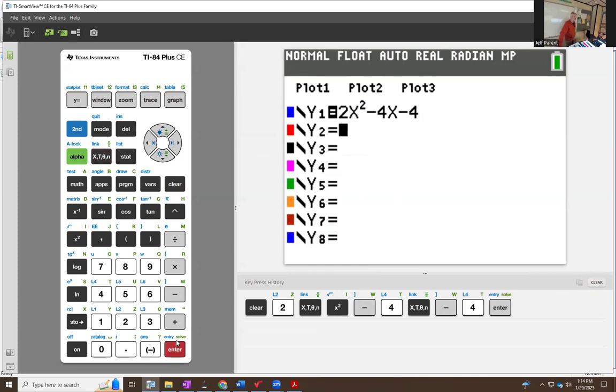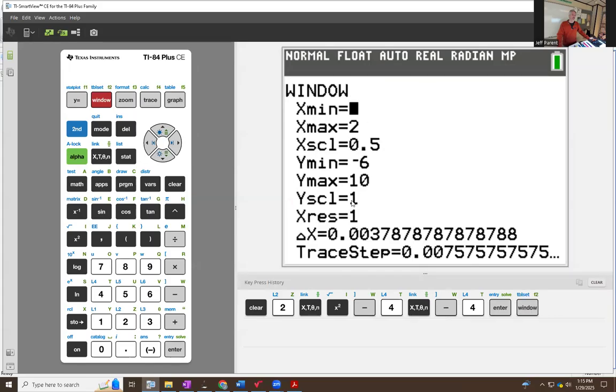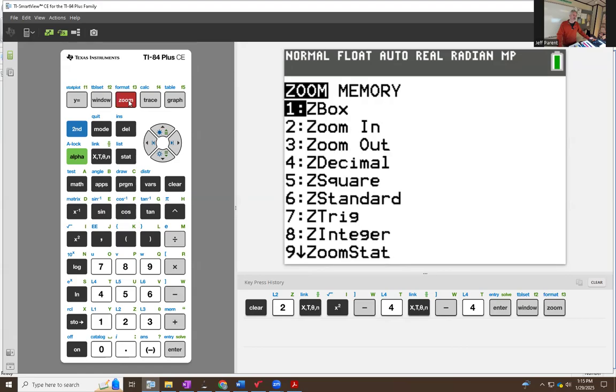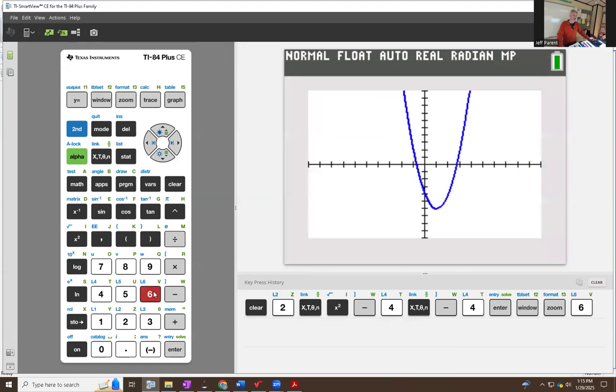I'm going to want to graph this, but a lot of times you don't know where to start. A good place to start sometimes, if you don't know anything else, is zoom standard. That is zoom 6. That's going to set your window from -10 to 10 on the x-axis and -10 to 10 on the y-axis. So again, zoom and then 6. That's zoom standard. And we get something like that.